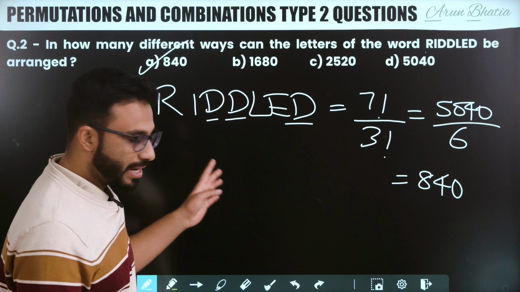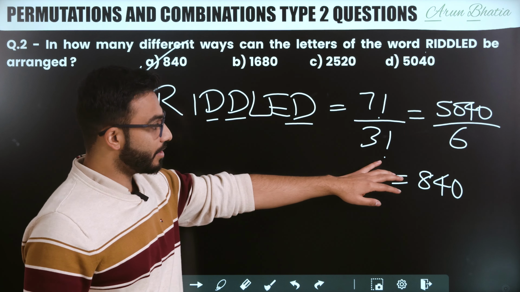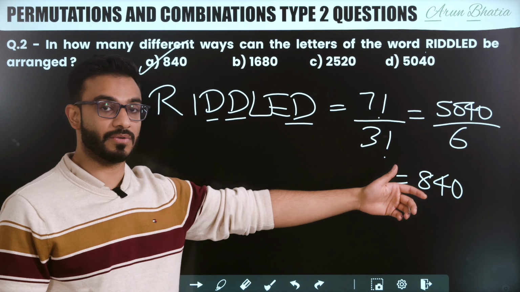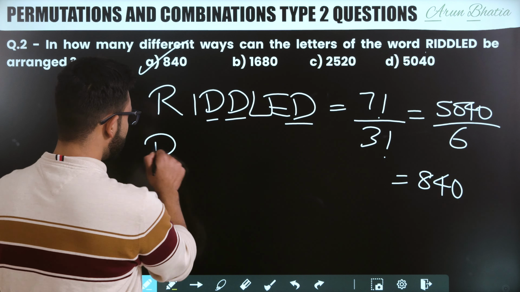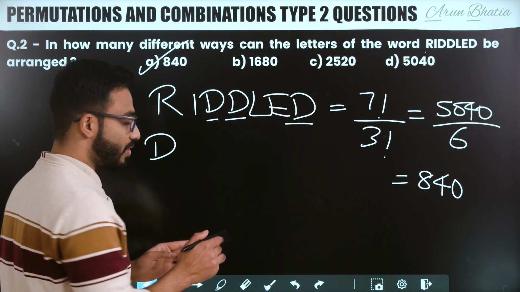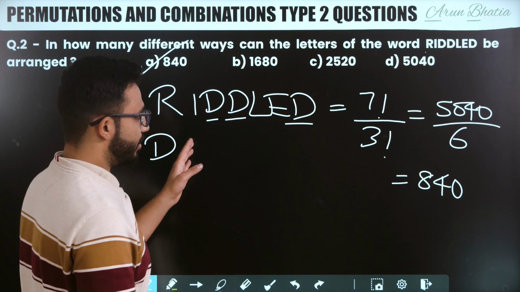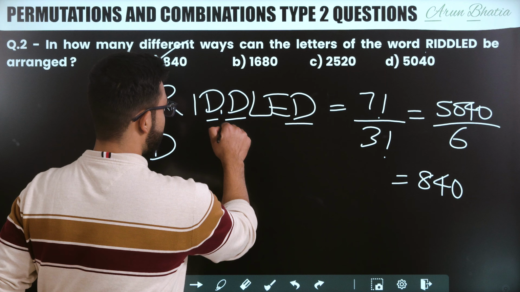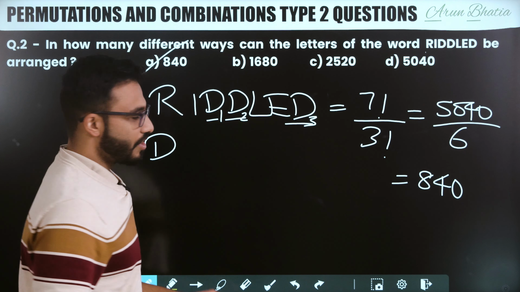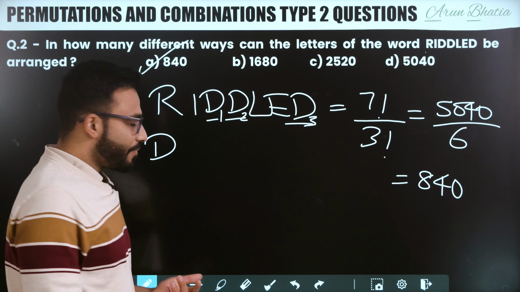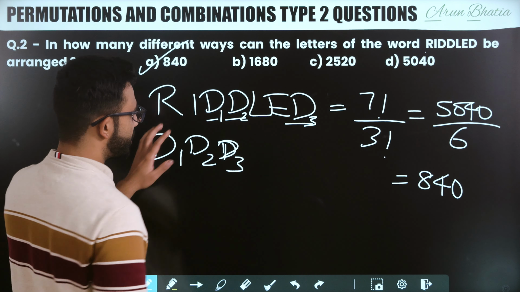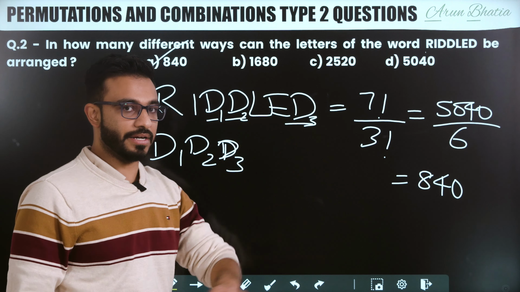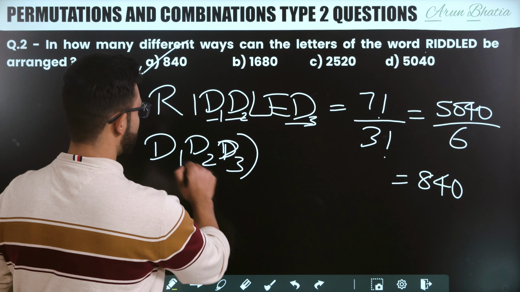Now, you might be wondering why in riddled I divided by 6, or 3 factorial, not by 3. The reason you always use factorial is that if you consider the 3 D's, take them out, and think about them in isolation, not thinking about R, I, E, L, E, the other letters, you think about the D's first, which are repeating.